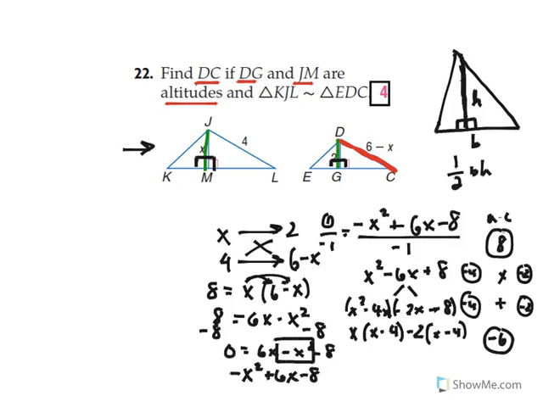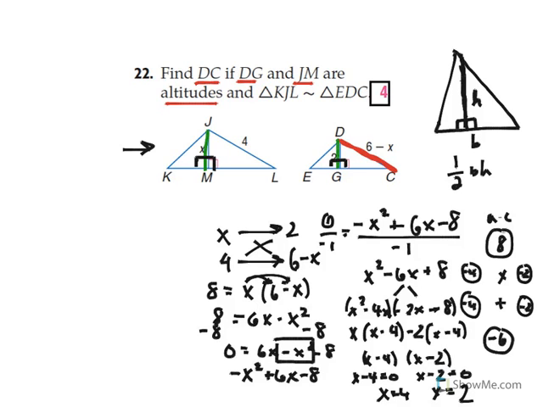My two factors become x minus 4 and x minus 2. Now I solve: x minus 4 equals 0, x minus 2 equals 0, I get x equals 4, x equals 2.